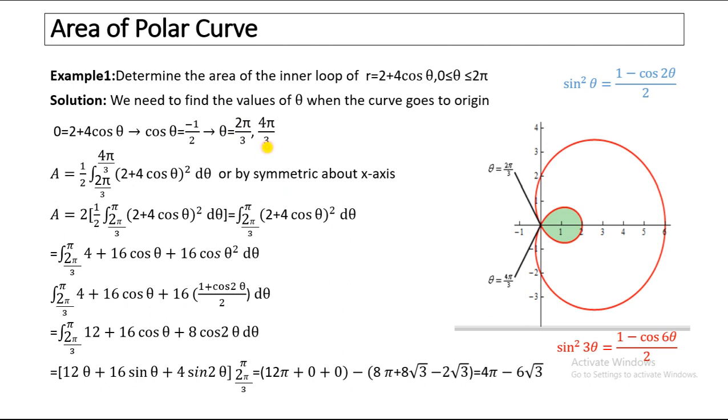In the third quadrant, theta equal pi over 3 plus pi, and the result is 4 pi over 3.